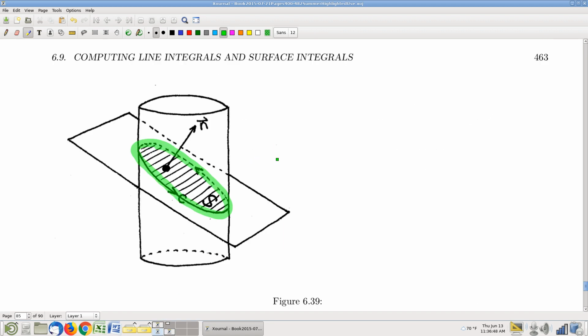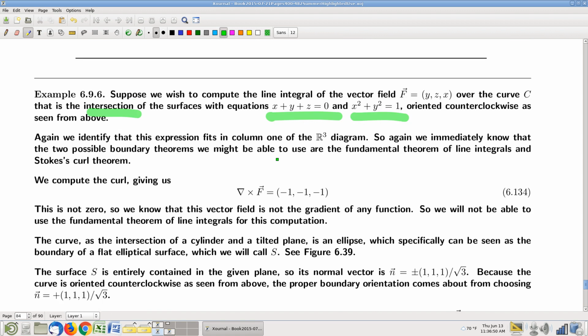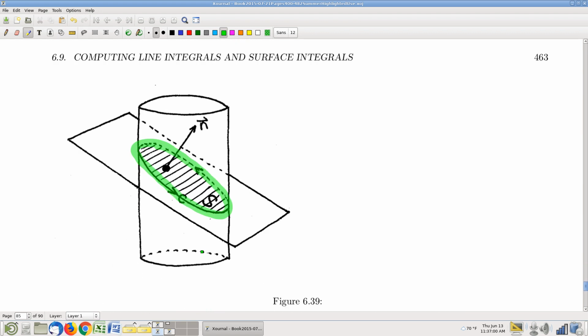The question states that this curve is oriented counterclockwise as seen from above. Looking at this picture, counterclockwise as seen from above means like that. Looking from up there, that's counterclockwise. Is everybody happy?